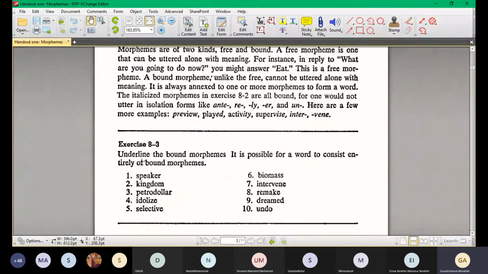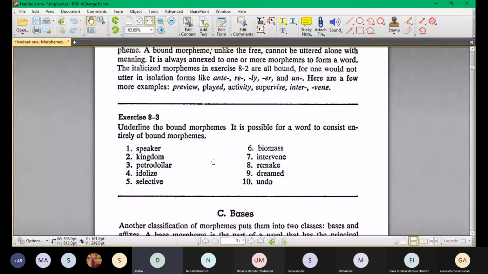Can anyone read the question instruction, please? Yes, okay. Underline the bound morphemes. It's possible for a word to consist entirely of bound morphemes.